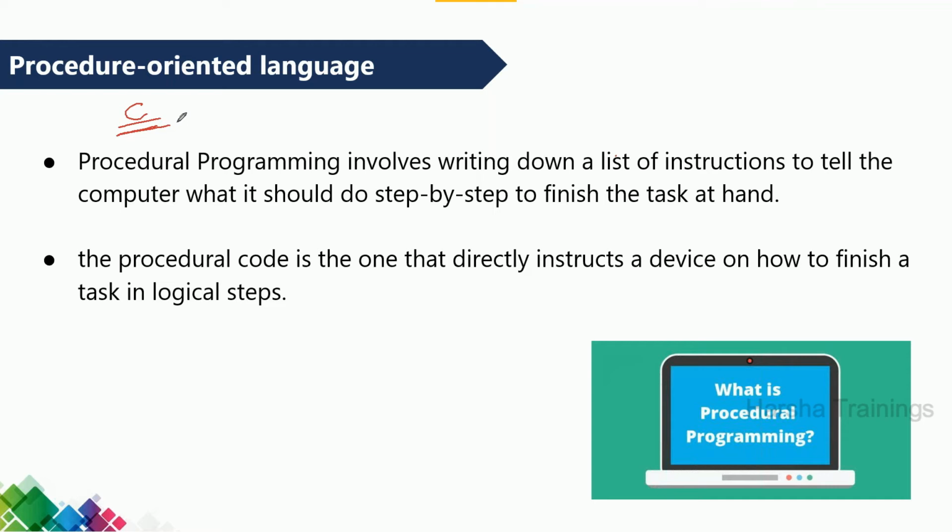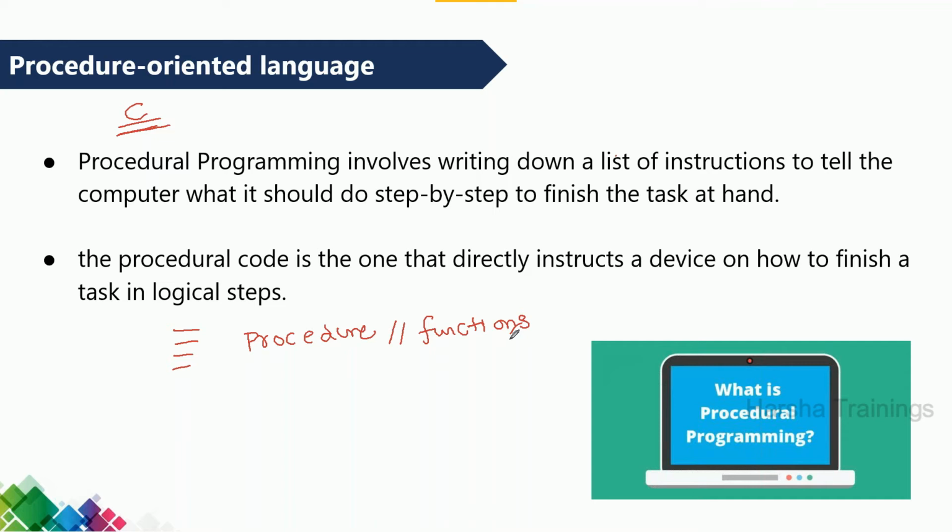In C language, the program is divided in terms of procedures. A program is divided into procedures. Procedures are also called functions. For example, my program size is some 100 lines.